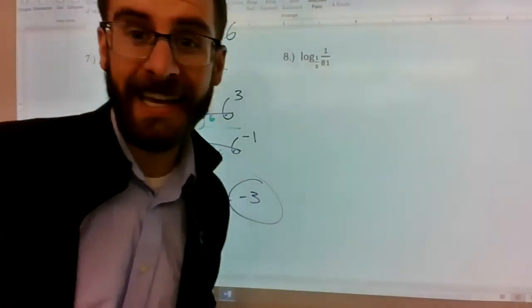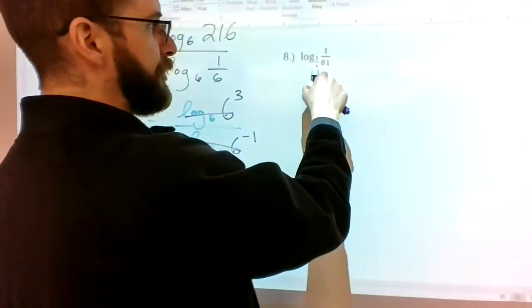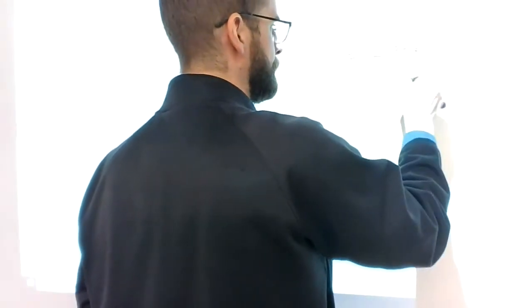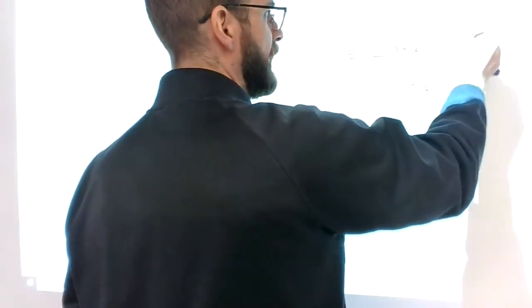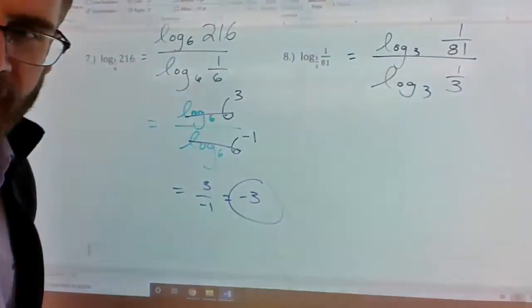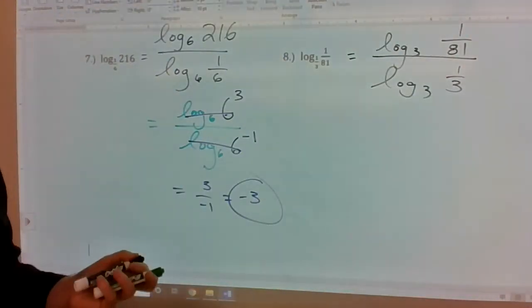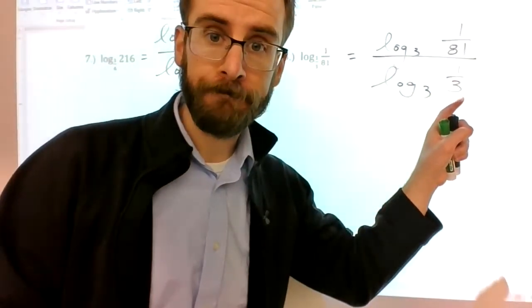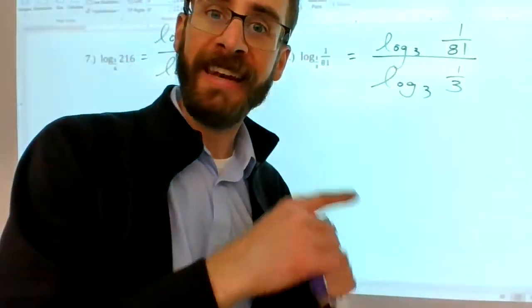All right, the magic base is 3 between 1/3 and 1 over 81. Base 3, base 3. 1 over 81 is on top, 1/3 is on bottom. Hopefully you guys followed me when I did that. Now, 81 is 3 to the 4 power. Since it's under 1, you're going to make it 3 to the negative 4.